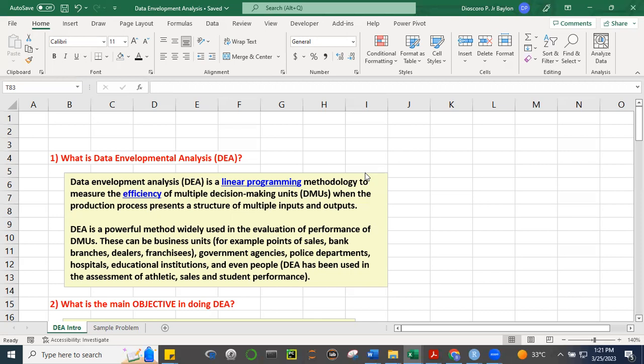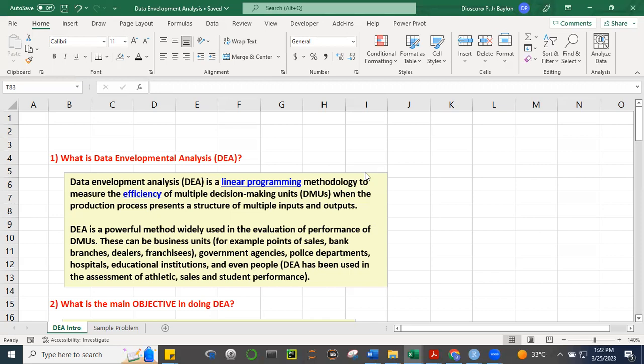Now, in the case of DEA, we can make use of multiple inputs and outputs, so this is a very powerful method. Excel has the capability to do this. However, the capability of Excel to do DEA is quite limited because there are nuances of this methodology which cannot be solved in Excel.